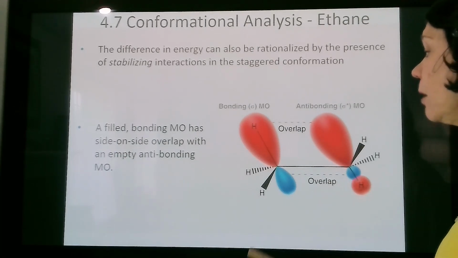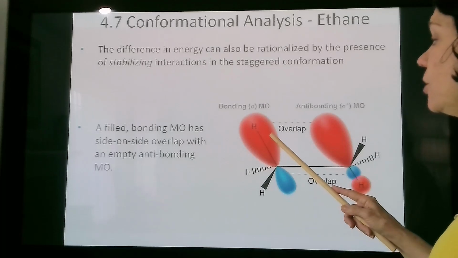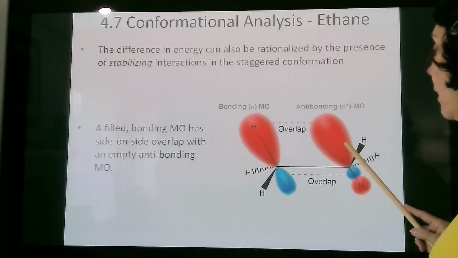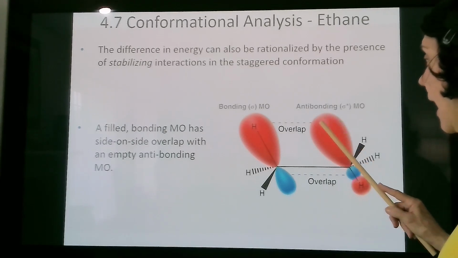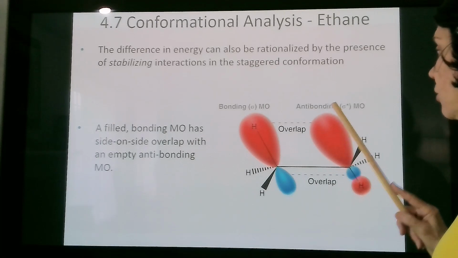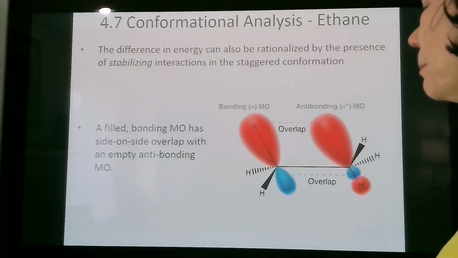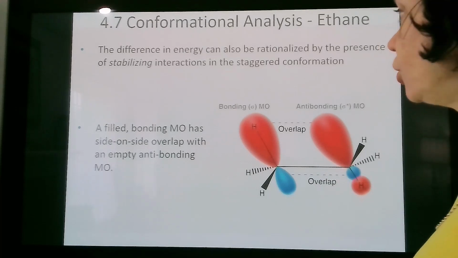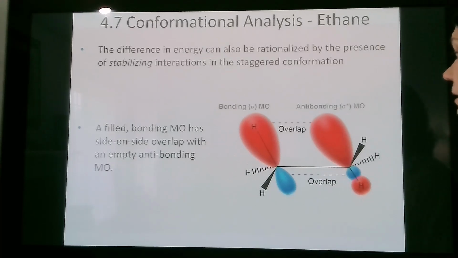It's also been proposed that there is some overlap between the electrons in the CH bond with this empty anti-bonding orbital. So there's some electron donation into the empty anti-bonding orbital. Personally, I think the other explanation makes more sense, at least to me.